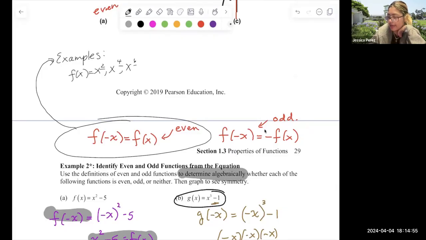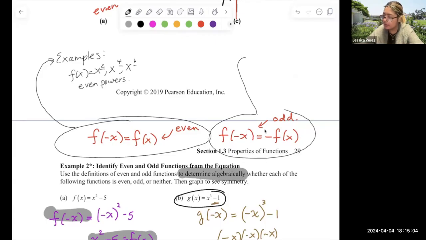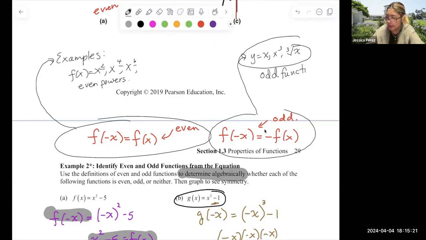Notice these are all even powers. Those are even functions. An odd function would be y equals x, x cubed, the cube root of x. Notice the difference between the two. This is an odd function. It's symmetric towards the origin, and the even is symmetric towards the y-axis.